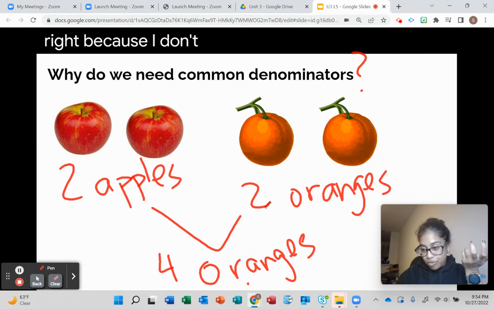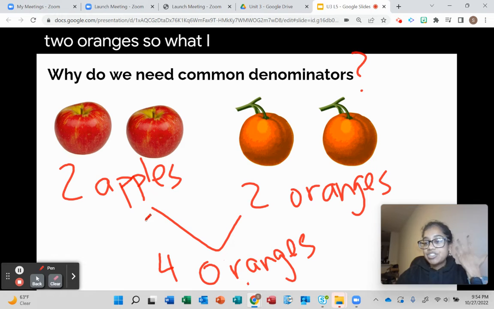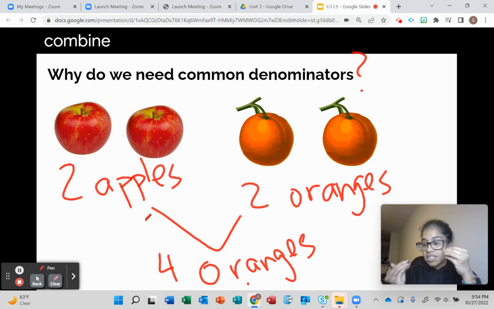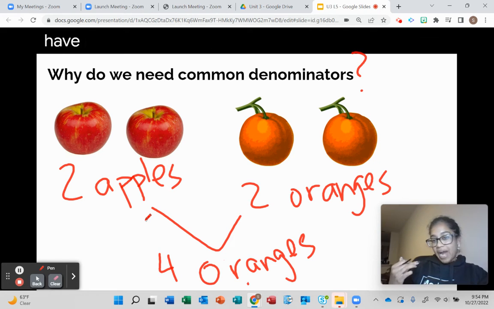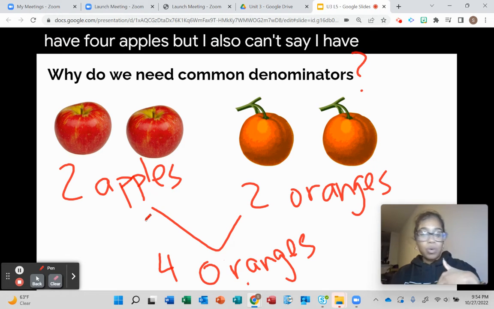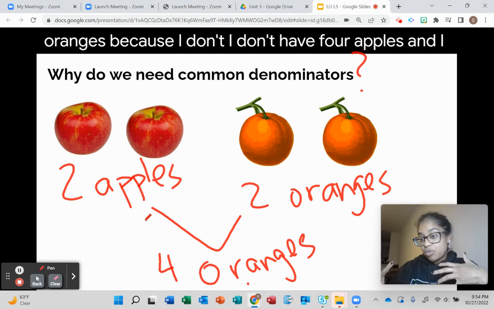Because I don't have 4 oranges. I only have 2 oranges. So if I want to combine them together and tell someone what I have, I have to change their name. I can't say I have 4 apples, but I also can't say I have 4 oranges, because I don't.